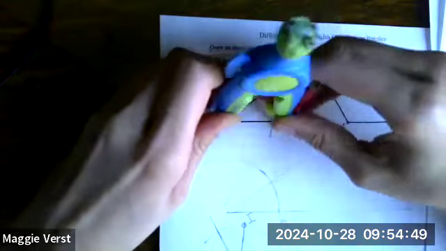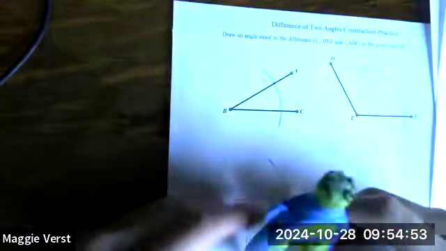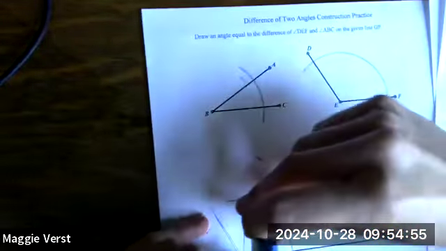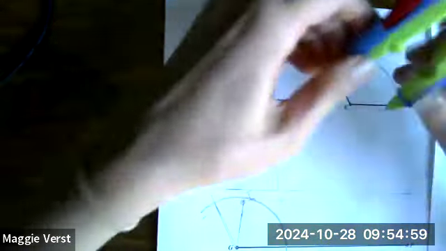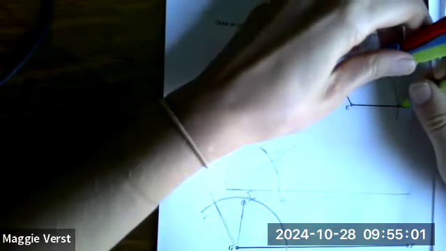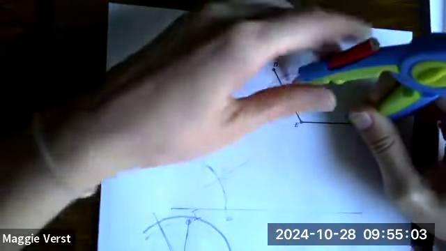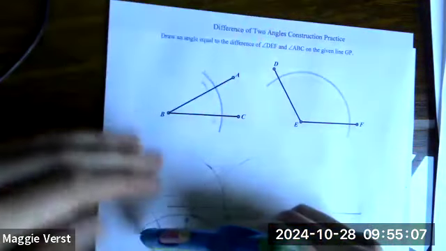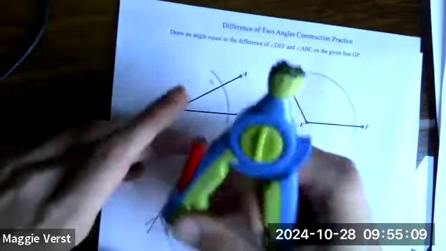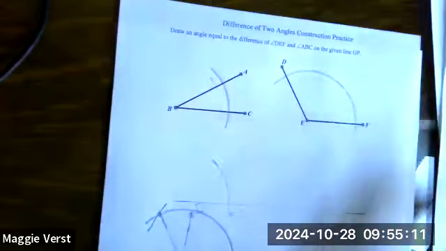I'll maybe make it a little bit bigger than the last one. So make some radius here, and then make some radius here. Okay. And then I'm going to look at the distance. So here I'm going to do the bigger one first. So I start at that point and look at the length. So I start at this point and look at the length. So I'm going to arc it. It's a little bit bigger than before, but I would do that.